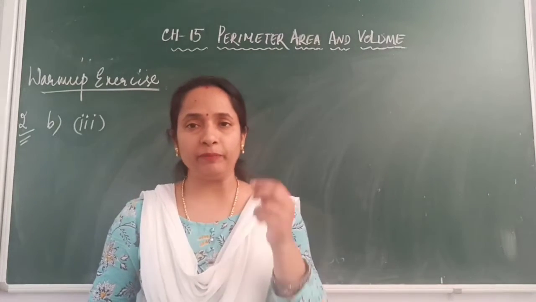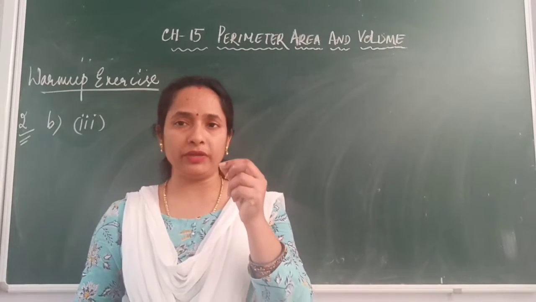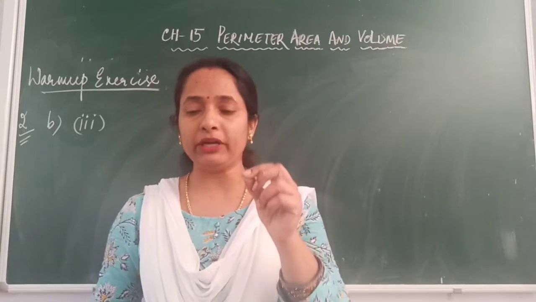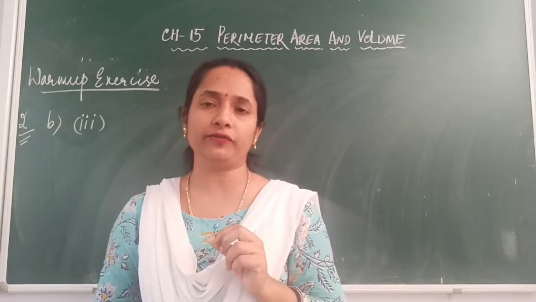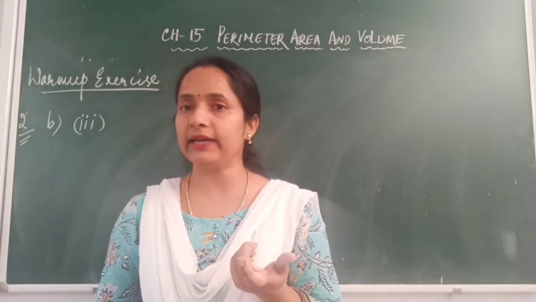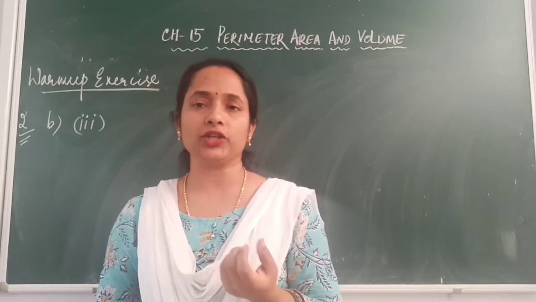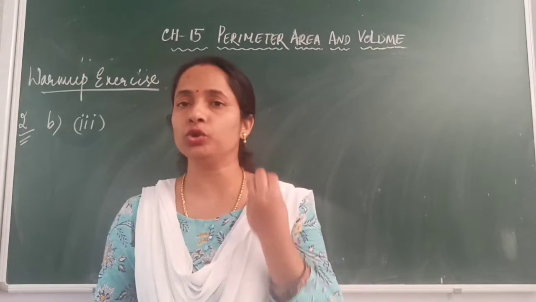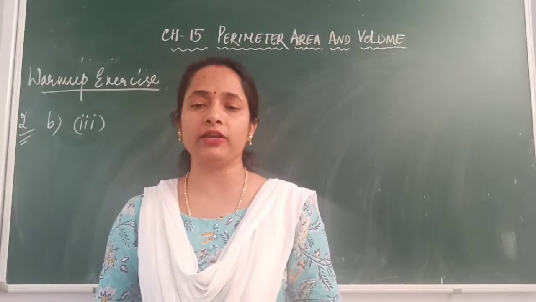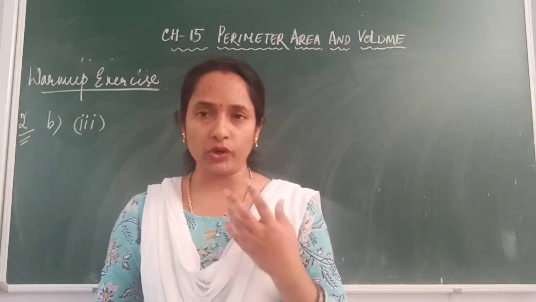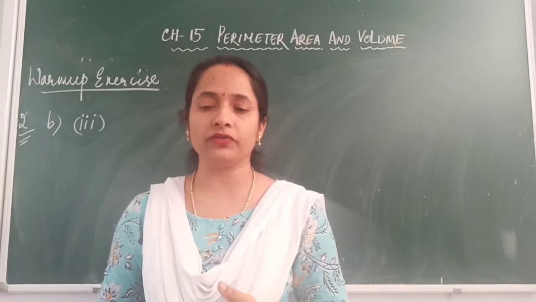Now for bit 1 of question B, you are given the measurement of the side of a square. Then you have to find the perimeter and area. So simply apply the values in the formula and find out the perimeter and the area of the square.